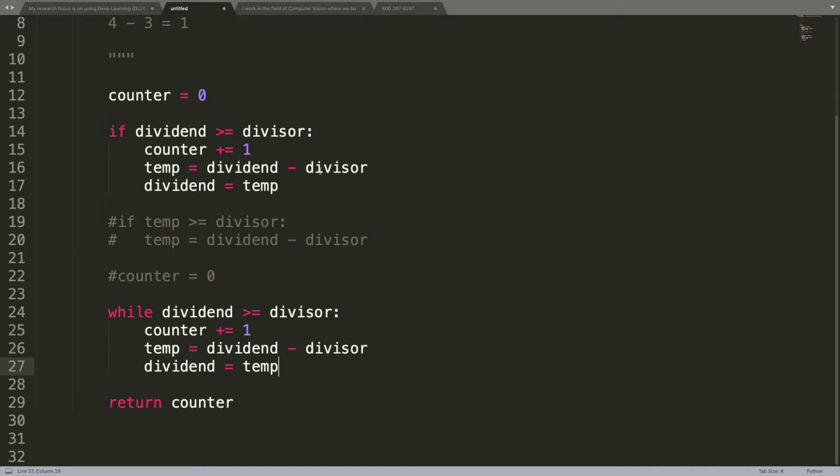It will become 10. And so this thing will continue to increase. Okay, we might do a check.